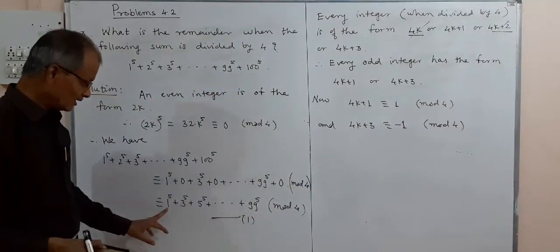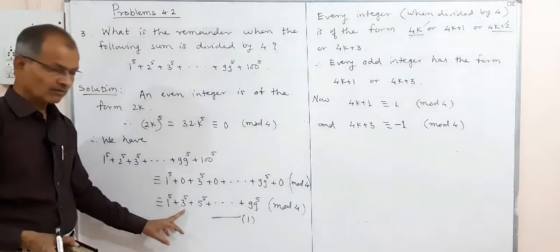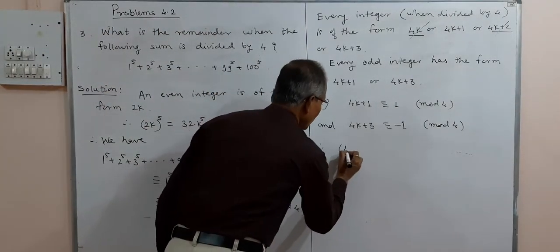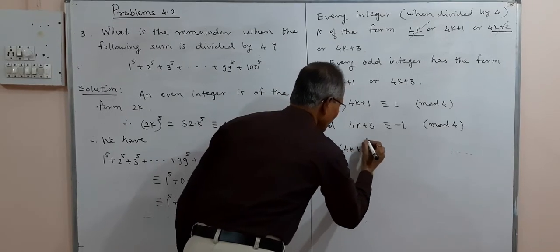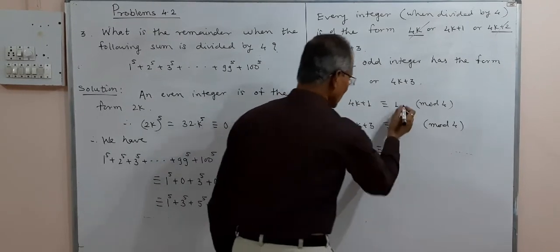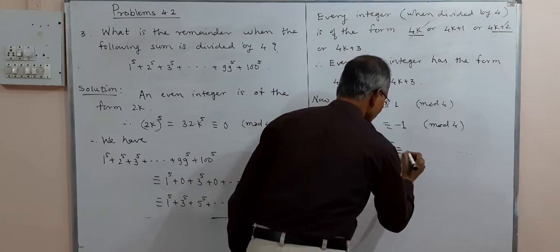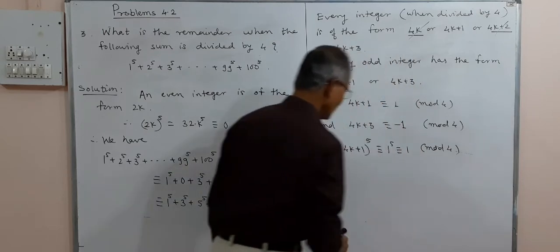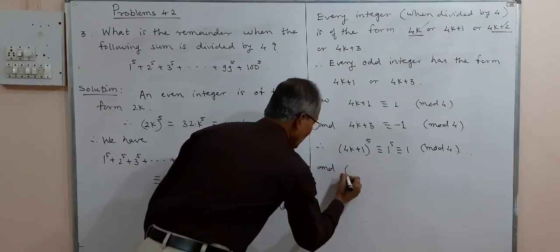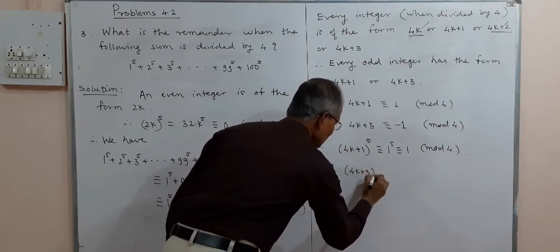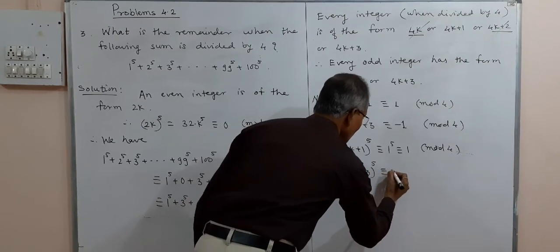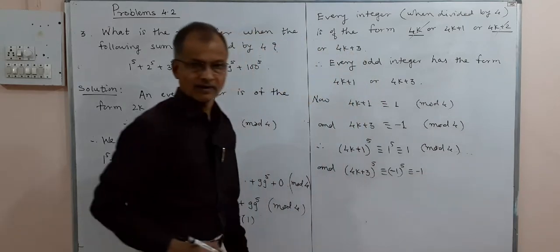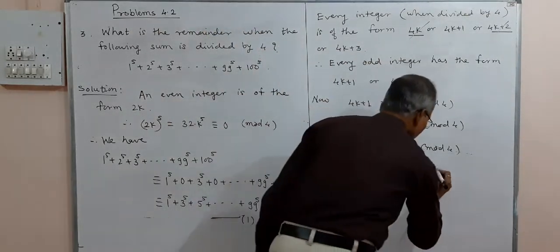So alternately each number becomes congruent to 1 or -1, and we can raise the power. Therefore (4k plus 1) to the power 5 is congruent to 1 to the power 5, which is the same as 1 under modulo 4. And (4k plus 3) to the power 5 is congruent to (-1) to the power 5, which is -1 under modulo 4.